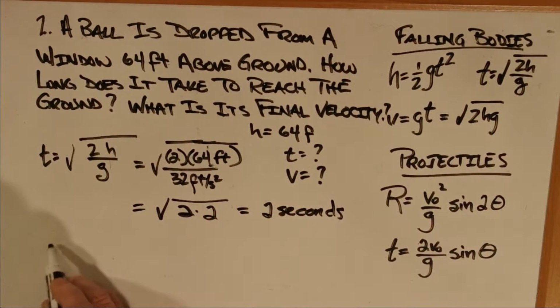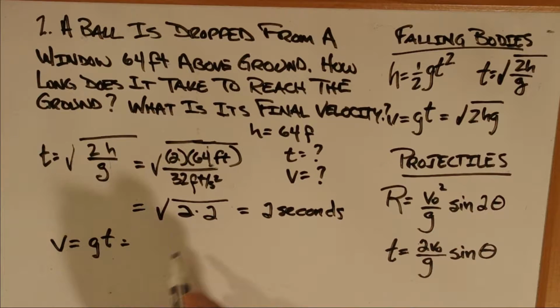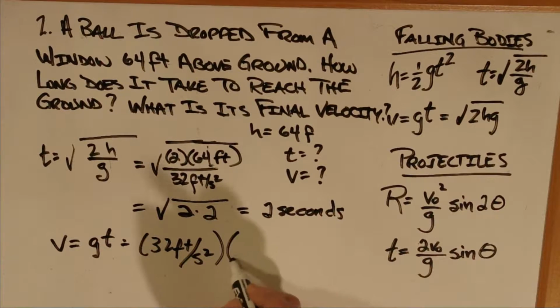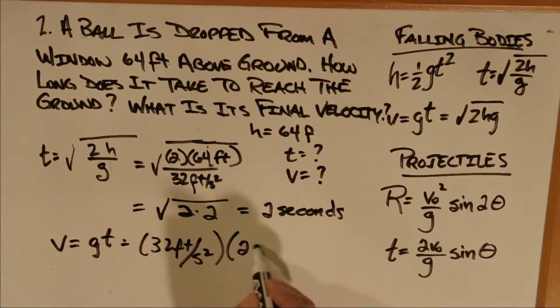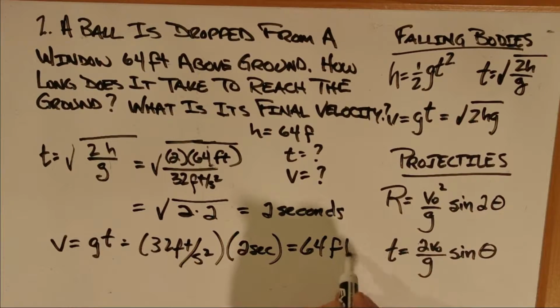And there's the answer. For the final velocity, we'll use the 2 seconds that we just got. We've got 32 feet per second squared as the gravitational constant, and the time, 2 seconds, for a final velocity of 64 feet per second.